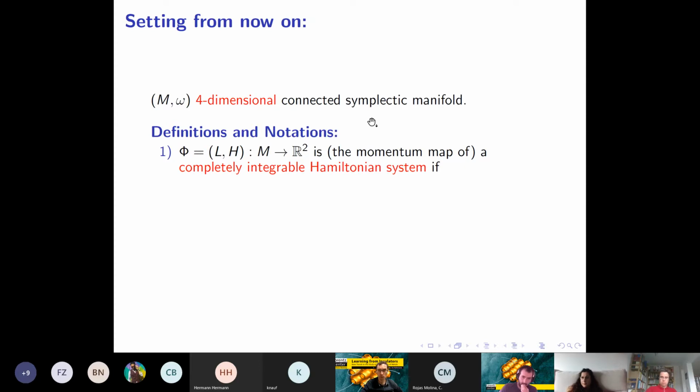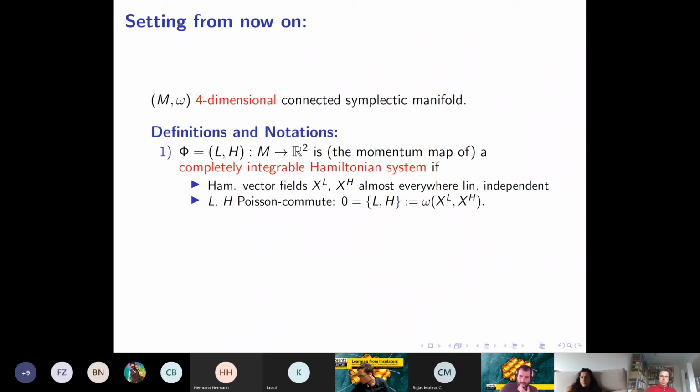And this is the momentum map of a completely integrable system if I want that the Hamiltonian vector fields are almost everywhere linearly independent, because otherwise, it's quite boring if everything is degenerate or too complicated, or it doesn't make sense. And on the other hand, I want it to be integrable. So as I just explained, I want that the Poisson bracket vanishes.